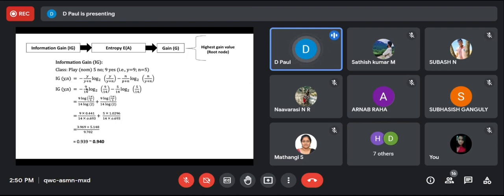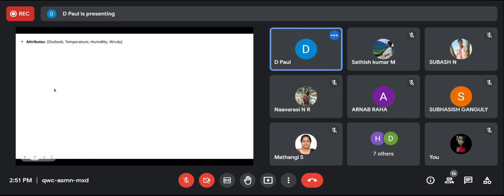This is 9 yes, 5 no, and 14 total instances. Then just plugging in, we have an information gain of approximately 0.940. So the first step, we are calculating the information gain for class play.